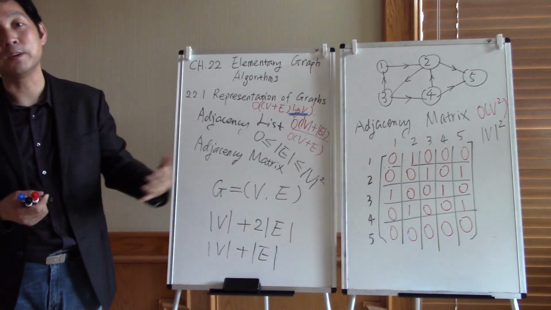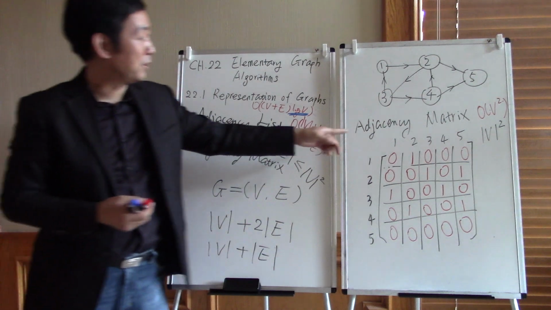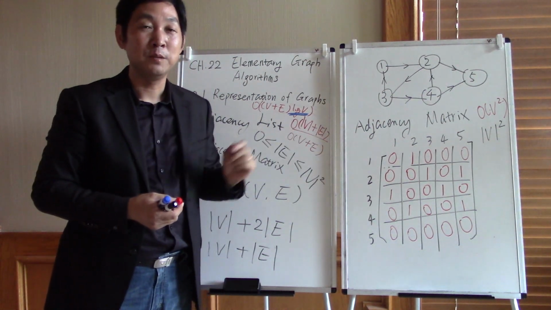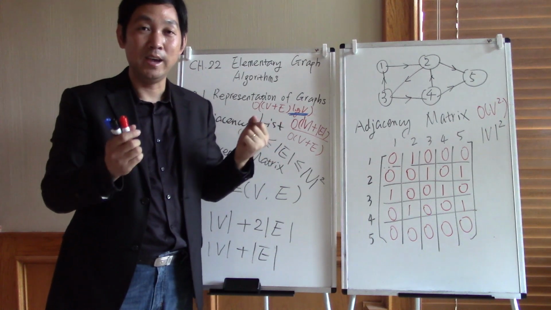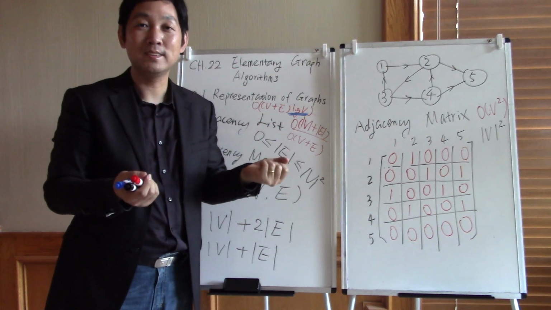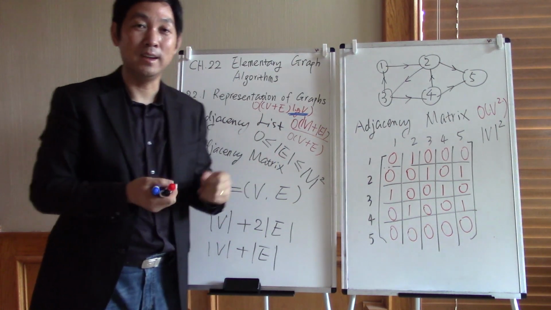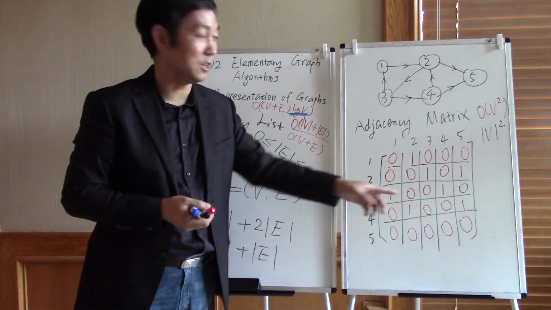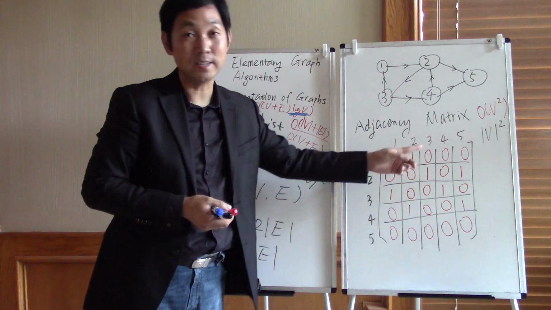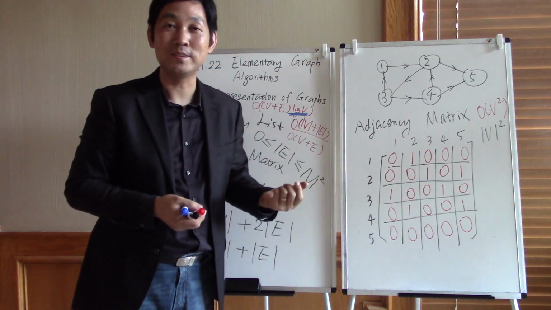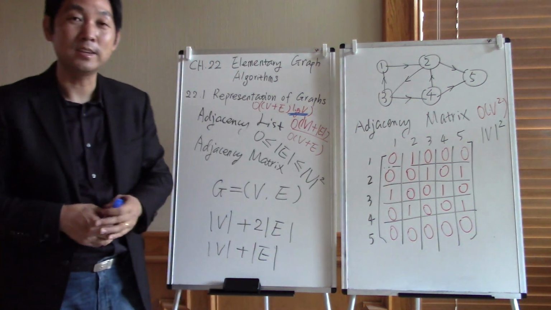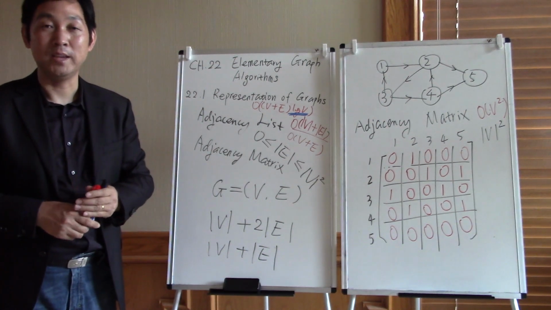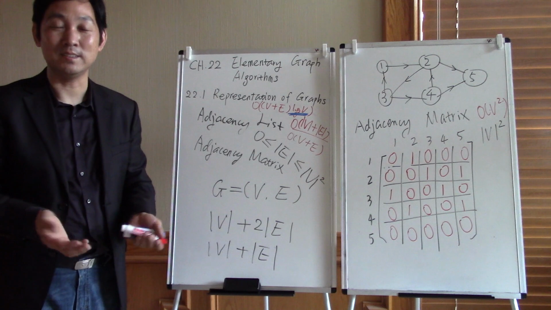For the adjacency matrix, if your algorithm asks, between two nodes i and j, is there an edge between them or not? Then the adjacency matrix is really convenient because the answer is right there. You just check the entry in the ith row and jth column to see if it's 1 or 0. So these two data structures both have their own applications. Which one you choose depends on which algorithm you want to design. It's your own choice.